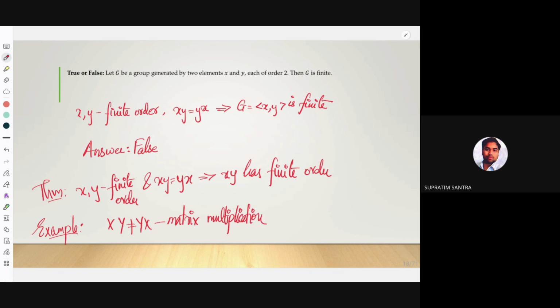So there is an example. I think it's SL2Z, which is the set of all 2 by 2 matrices with integer entries and determinant 1. This can be generated by two elements of finite order, but SL2Z in itself is infinite.